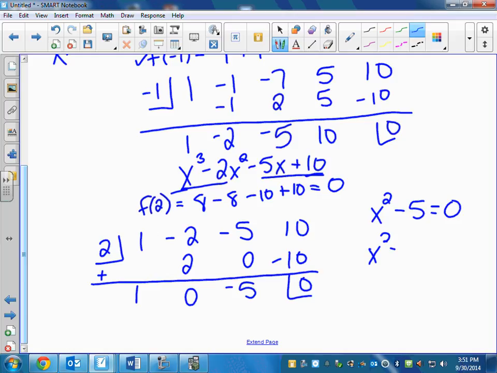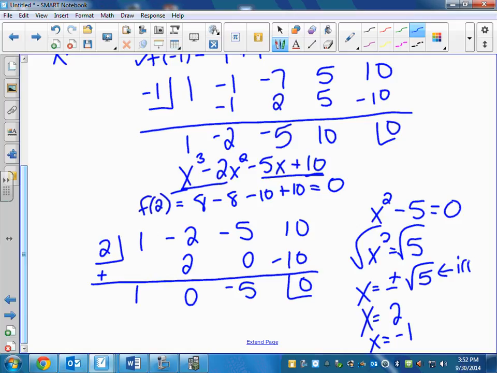So when I solve that, I'm going to add 5 over, take the square root, and I get x equals plus or minus the square root of 5. I also found that x equals 2 and x equals -1 works. And I think they say identify each zero as irrational or rational. So these two zeros are irrational, but these two zeros are rational.